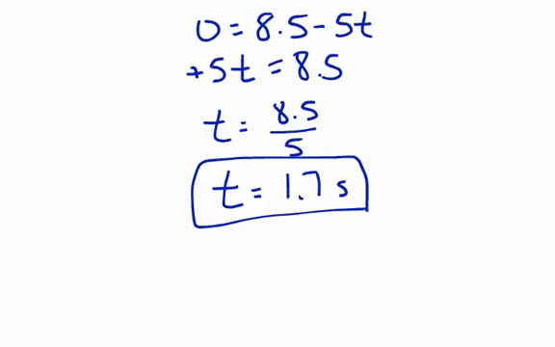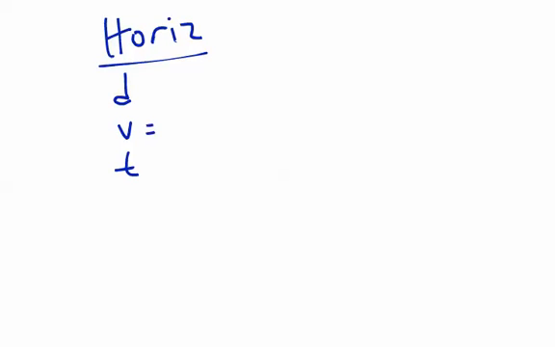And we're ready to move on to the last part, which is find how far the ball travels horizontally before hitting the ground. So remember, on our horizontal information, we knew that the velocity was 16 meters per second. We just found vertically that the time is 1.7 seconds, and so we're ready now to find our horizontal displacement.